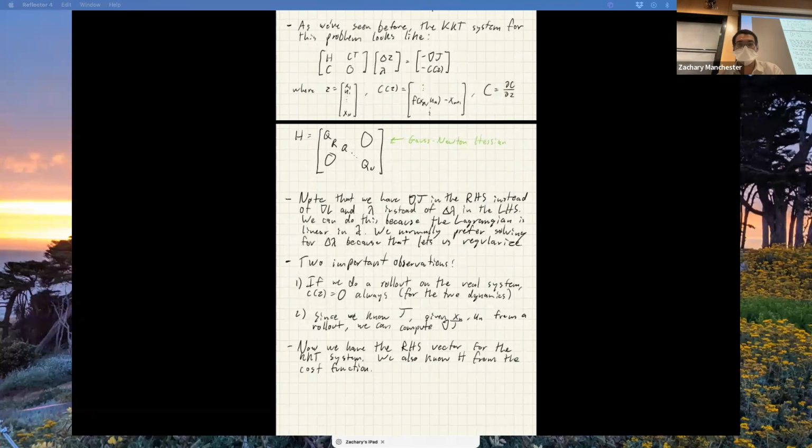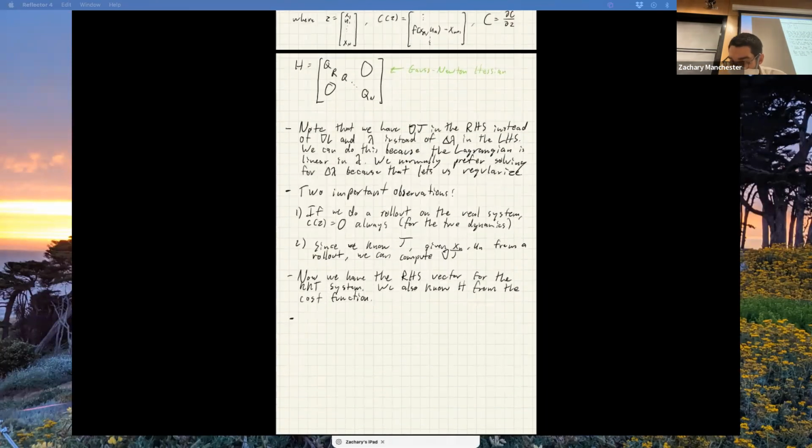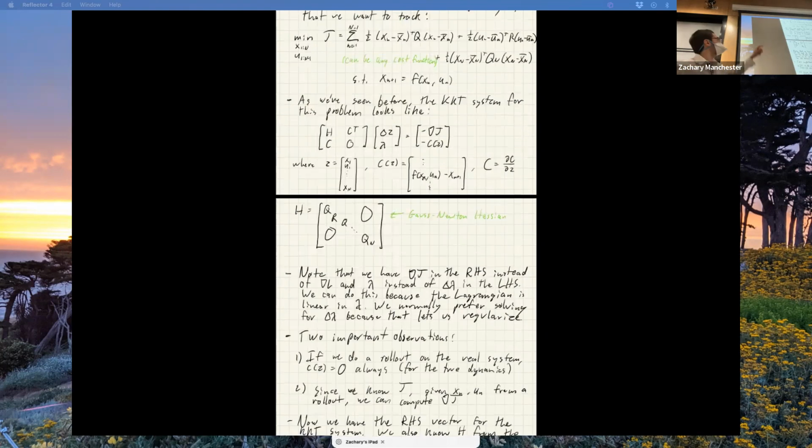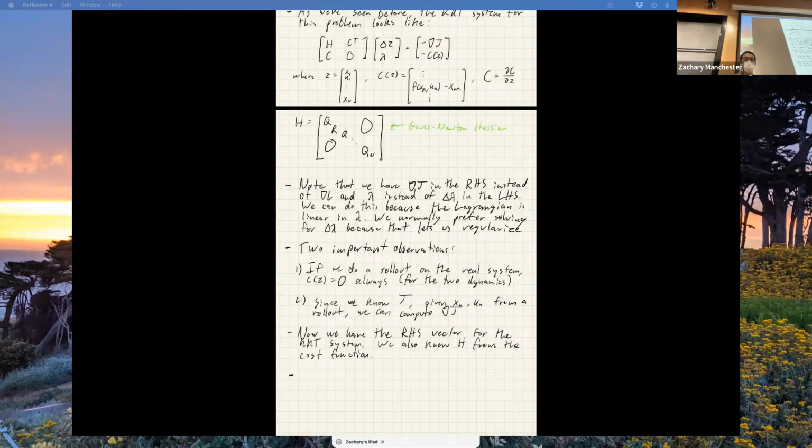So the only thing left that we don't know perfectly from doing a rollout is the C matrix, in those off-diagonal blocks. So basically the whole ILC game is we're going to use the C matrix from the nominal model, but everything else is going to be from the real system.